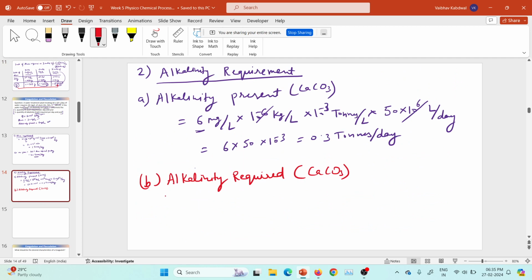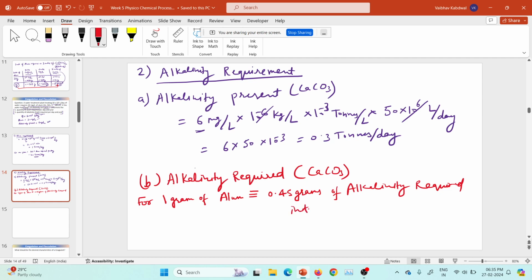So I'm writing it here also: for 1 gram of alum, 0.45 grams of alkalinity required in terms of CaCO3.